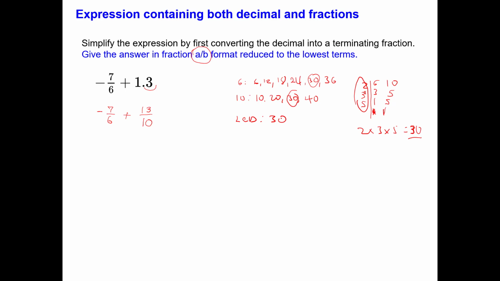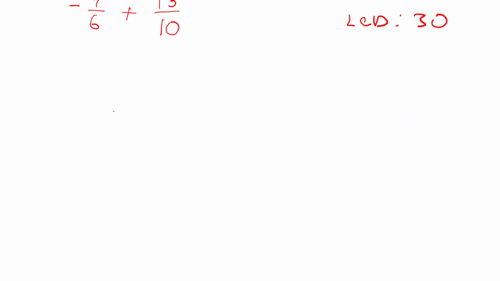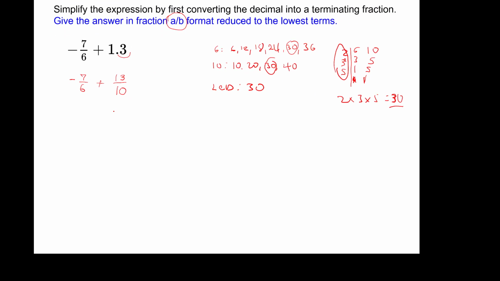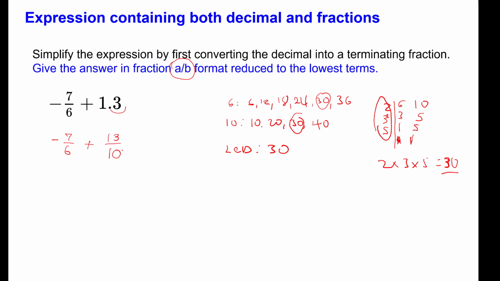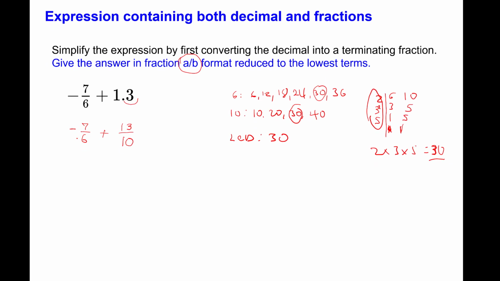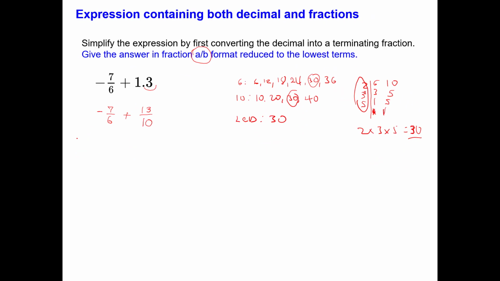And for the first fraction, we need to multiply by 5. In this case, we need to multiply by 3, to get 30 as the common denominator.